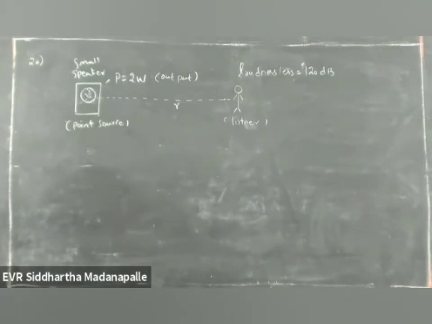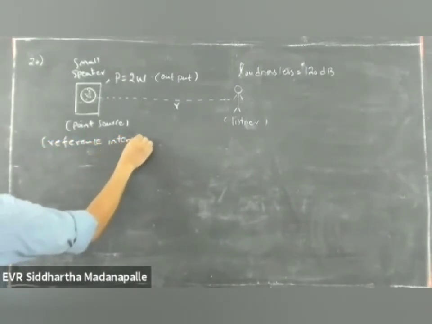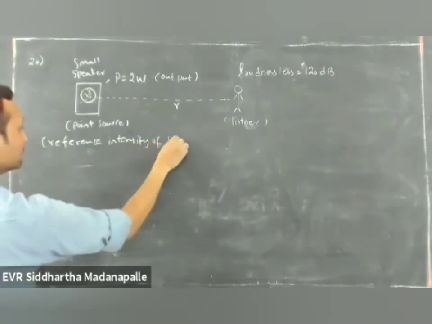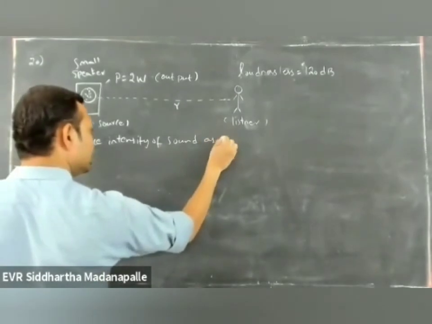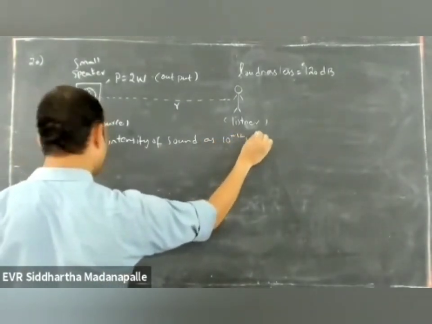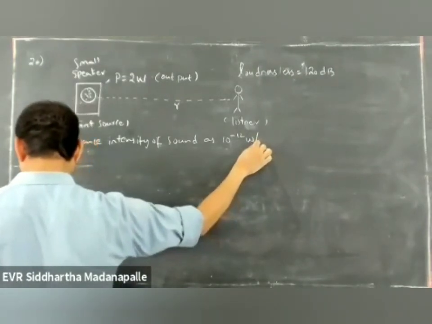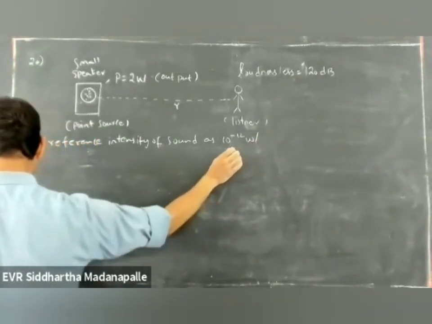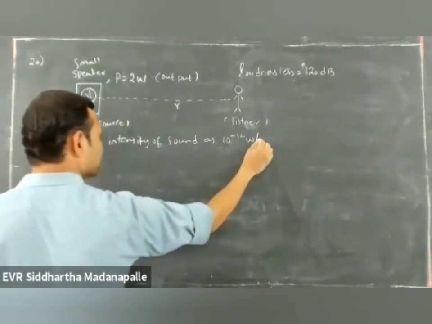And the reference intensity of sound is given as 10 power minus 12 watt per meter square. Intensity, this is watt per meter square, sorry.